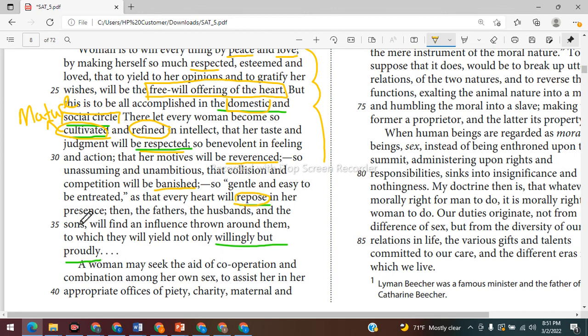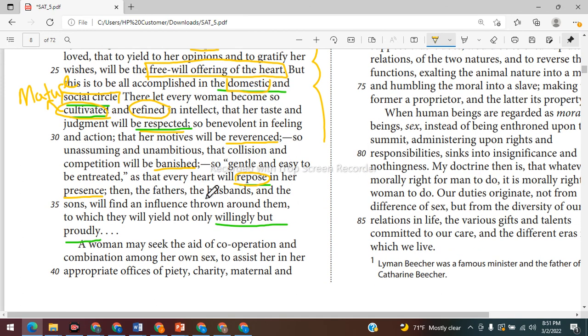This is deep, man. Okay, feeling that. This is deep. And she's saying the husbands and sons will find an influence thrown around them to which they will yield. So they wouldn't have to be forced to do anything.